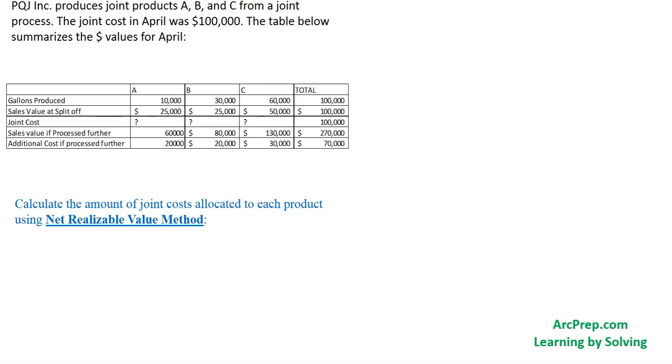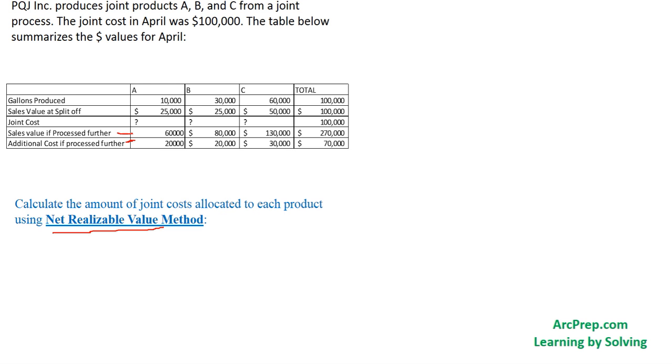And let's take a look at the third method. We are going to use net realizable value. In order to calculate net realizable value, I need to look at the sales value after processing and the additional cost. So after I process, what is the total benefit and what is the additional cost to get that benefit?